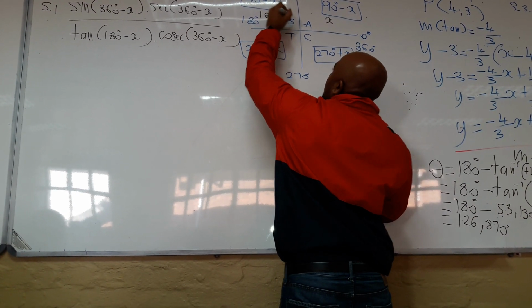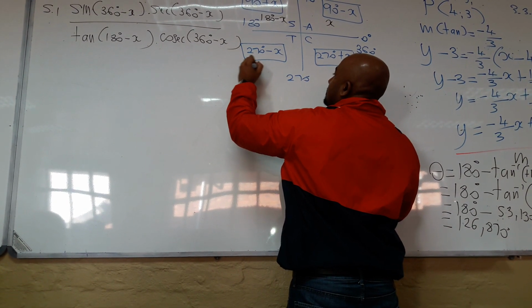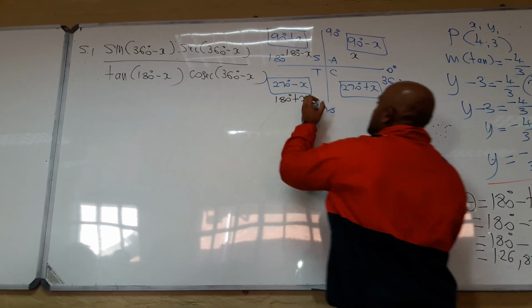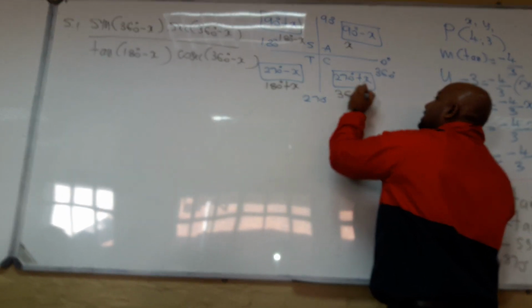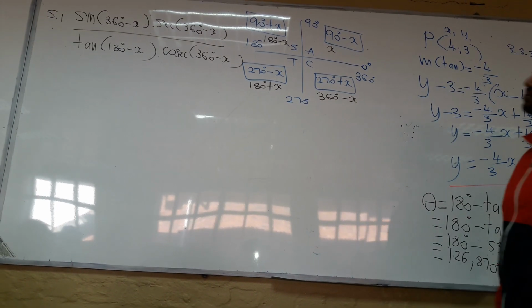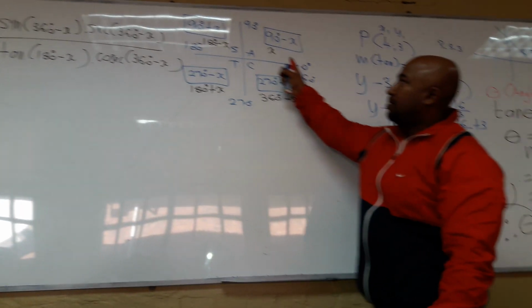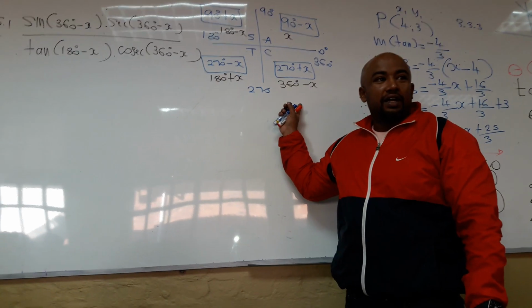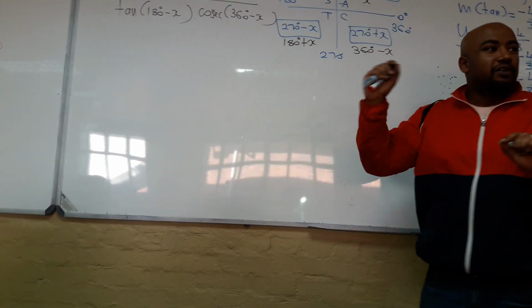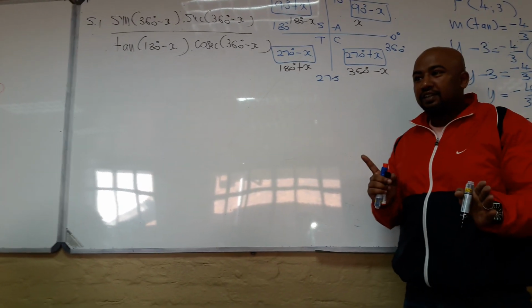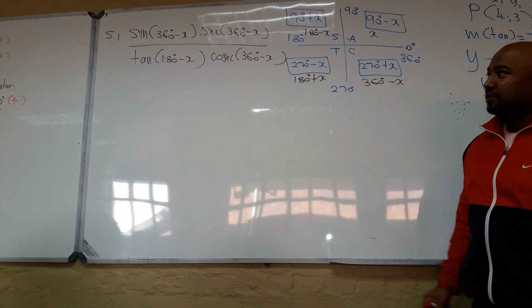We have 180 minus x, 180 plus, and 360 minus. So I have the co-ratios in blue, and I have your normal ratios here in black, because the rules are different when dealing with co-ratios and your normal ratios.